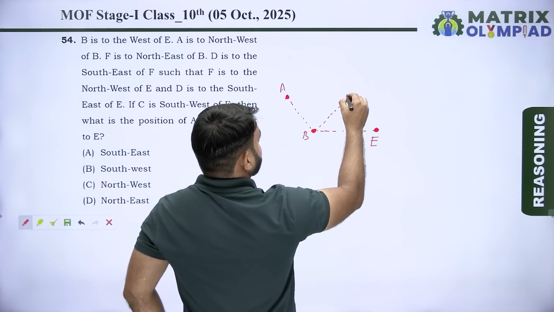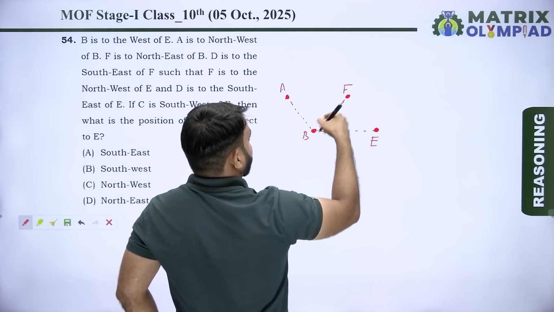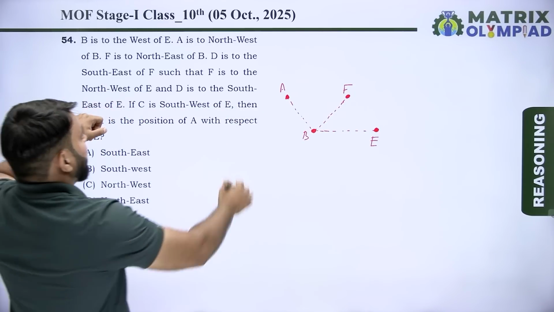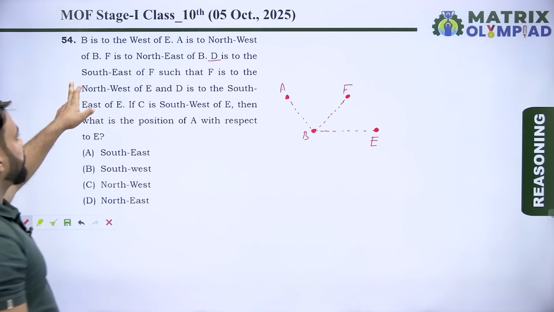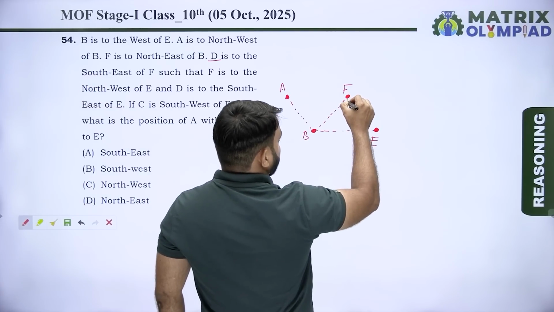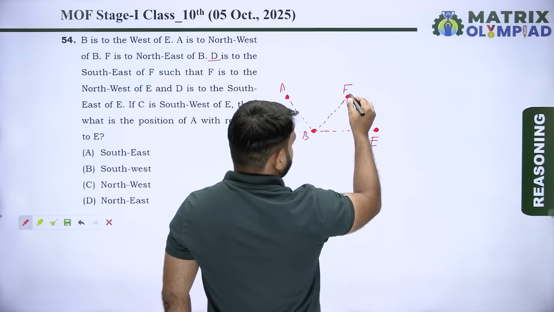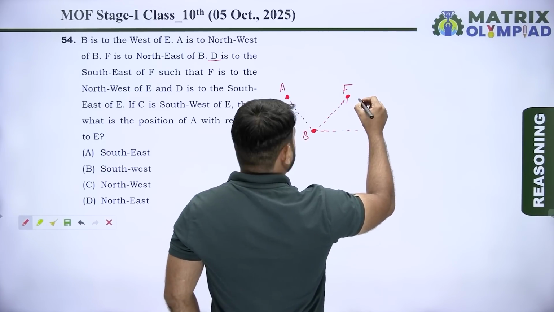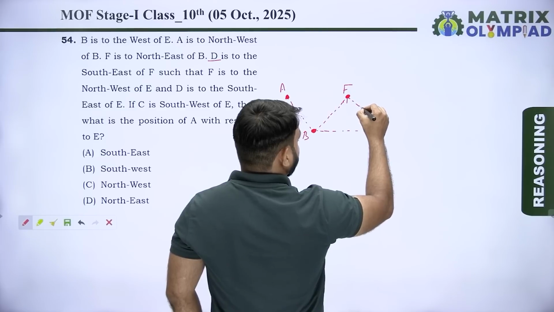So here F is to the northeast of B. Next, D is to the southeast of F. This is the south of F and this is the east of F. So here D is to the southeast.